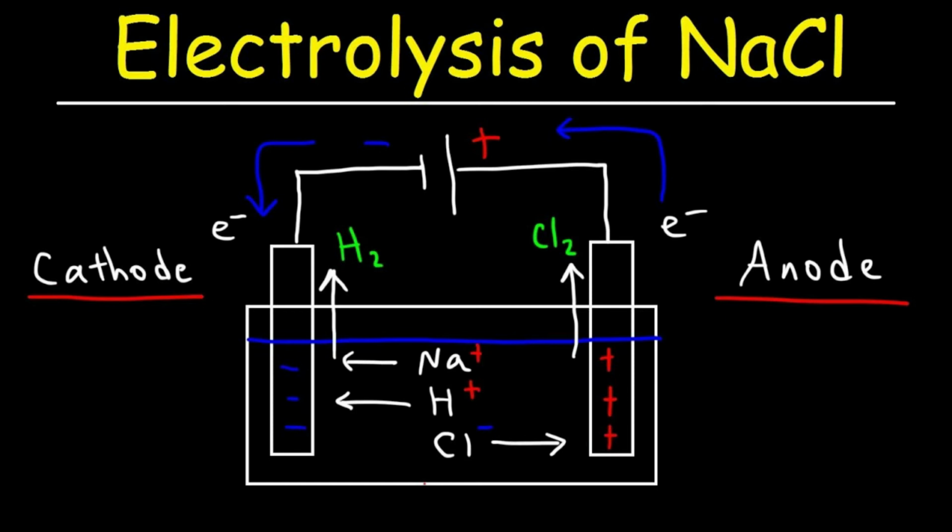So, for reduction of highly reactive metals, what we need to do is that first of all, they need to be changed into molten or fused form.